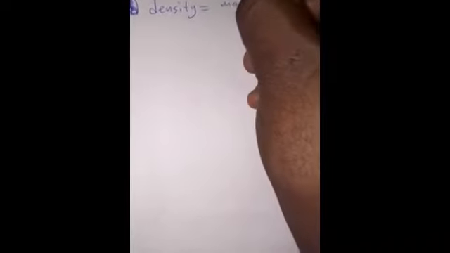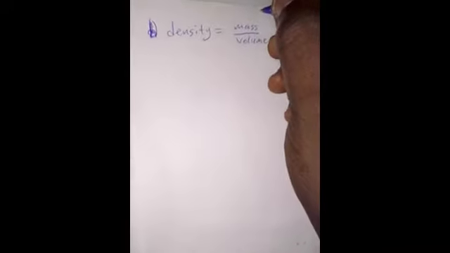B is density. We know that density is equal to mass divided by volume.